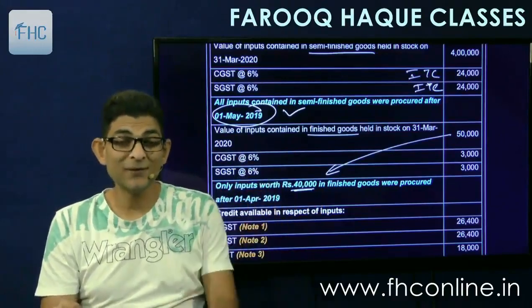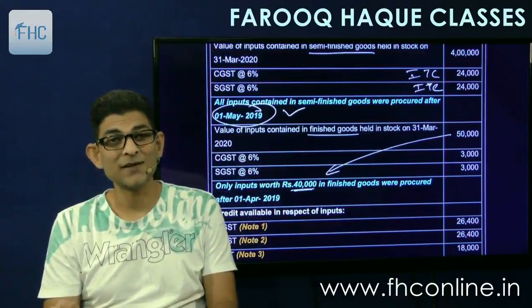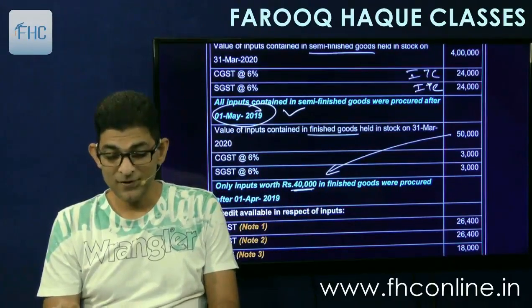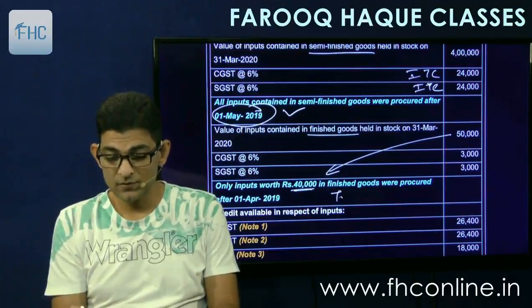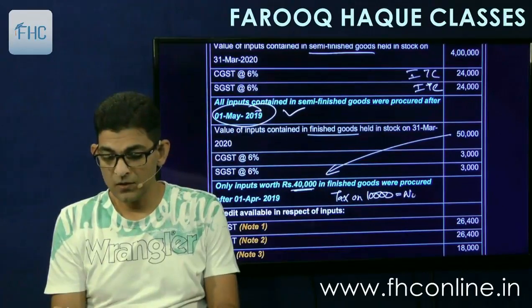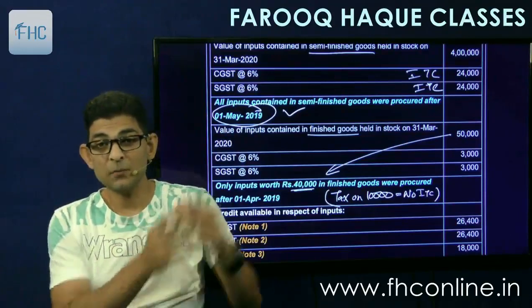So will you get credit on that 10,000? No, you will not get credit. So 10,000 would be disallowed. Tax on 10,000, no ITC. So let's calculate the proportionate amount.